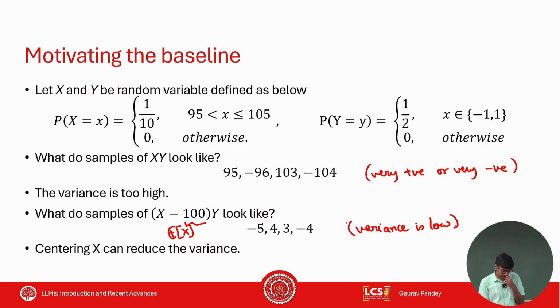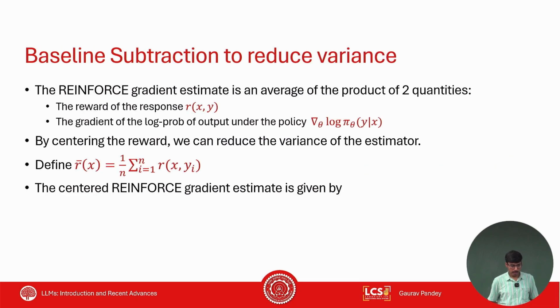So that means that if you center one of the random variables somehow, then you can reduce the variance of the overall thing that you're trying to estimate. And that's what we are going to do next. When we are computing the reinforce gradient estimate, we are multiplying two quantities, the reward of each output and the gradient of log probability, and then we do the average, right?